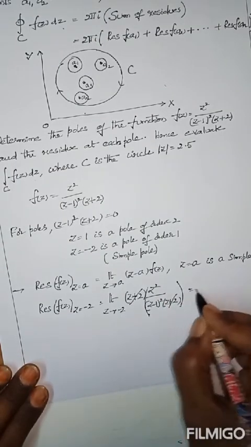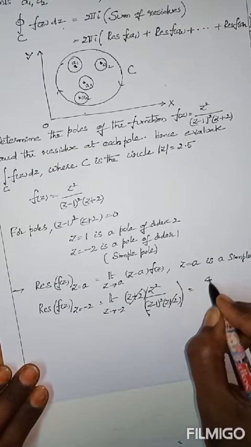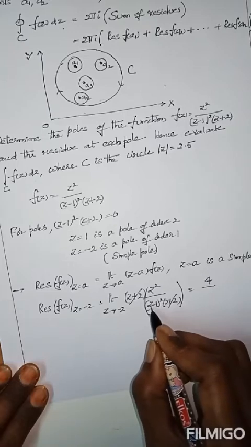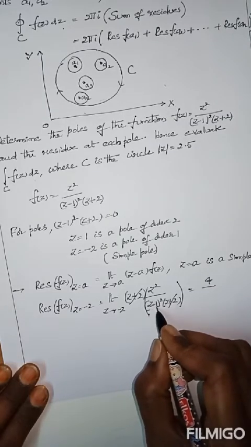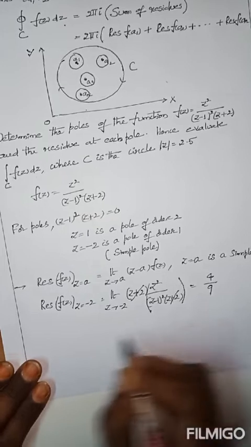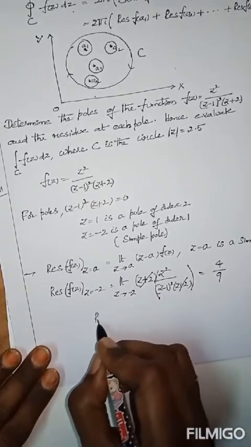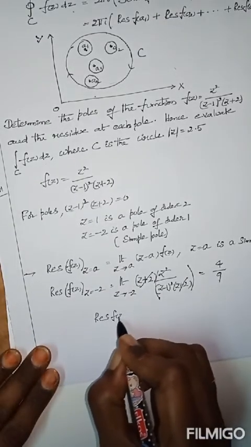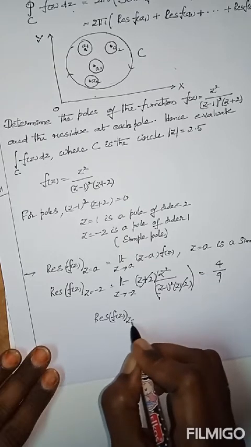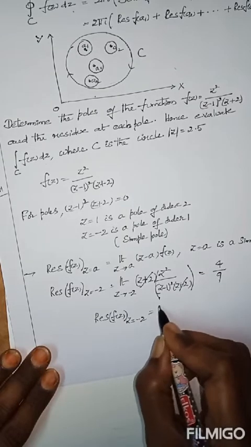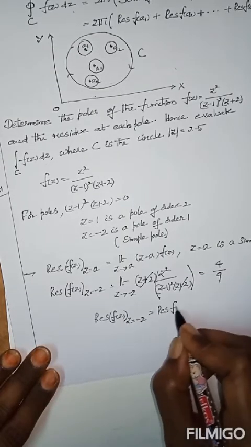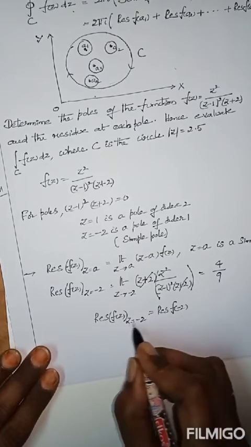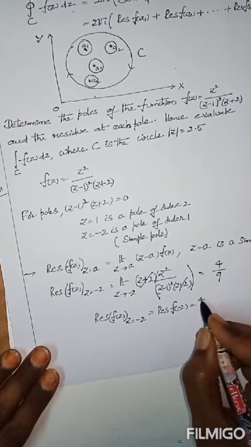So in the numerator, minus 2 whole squared is 4. Z is minus 2, minus 2 minus 1 is minus 3, and minus 3 whole squared is 9. So the residue of f(z) at z equal to minus 2, also written as residue of f at minus 2, equals 4 by 9.